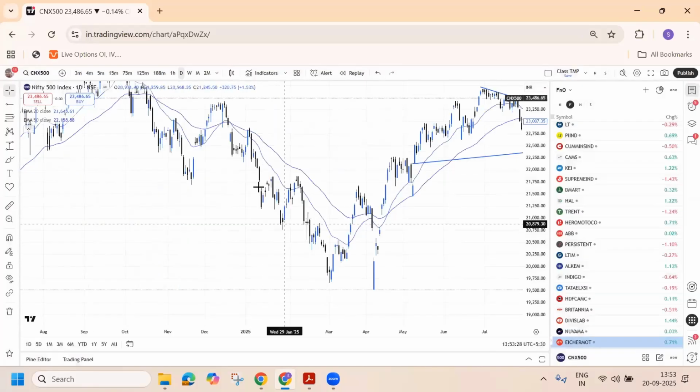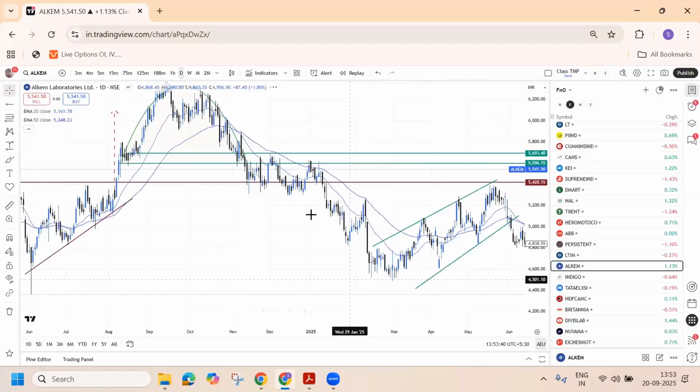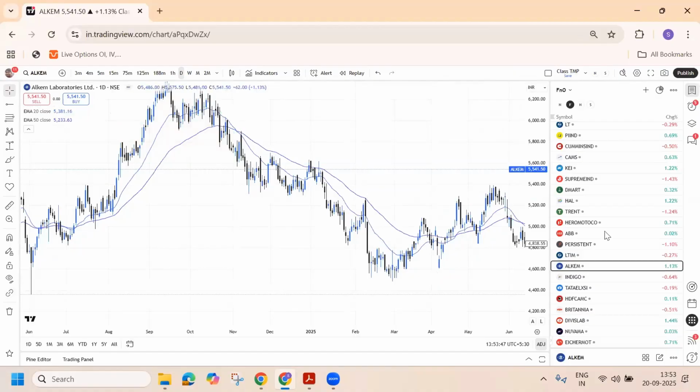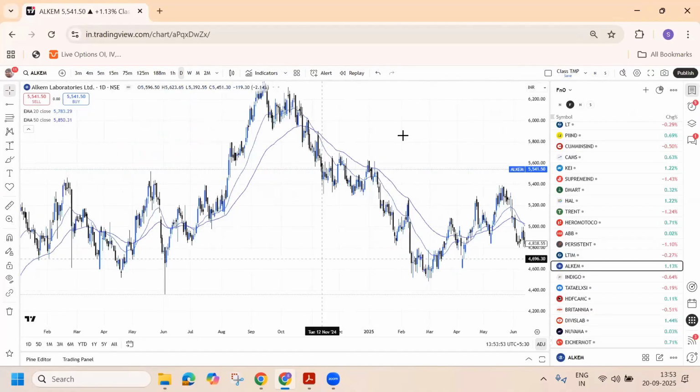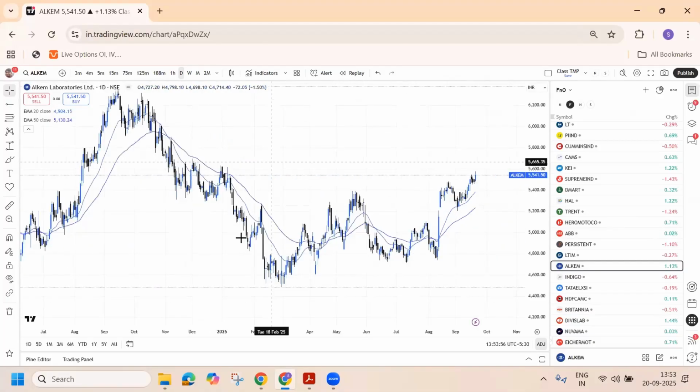Similarly, if Nifty 500 is below the 20 and 50-day moving average, like we were having between February to March, only then we will go for downside breakdowns. When it is below this, if some other stock is showing upside breakout, we won't try to play it because we will try to play in the broader direction of the market. Obviously, there would be some stocks which were moving up.